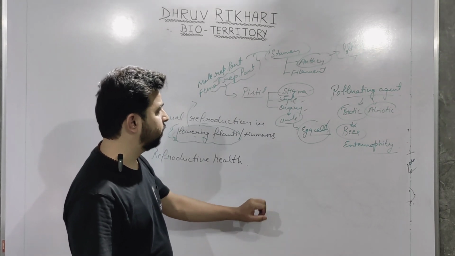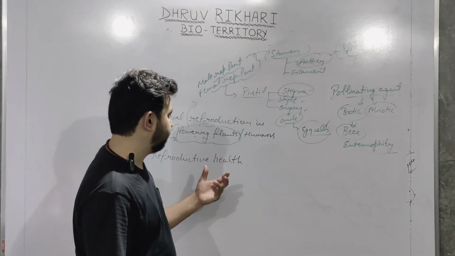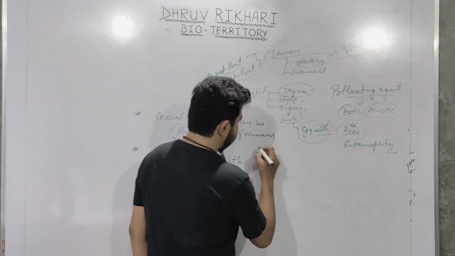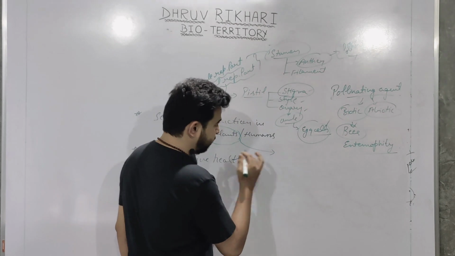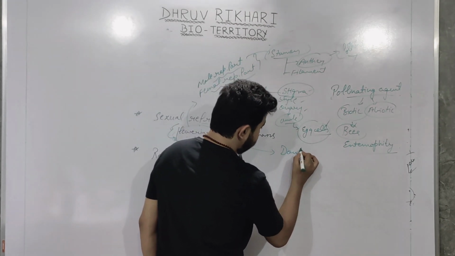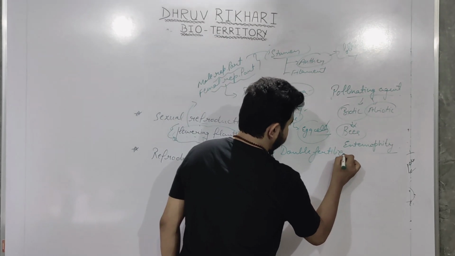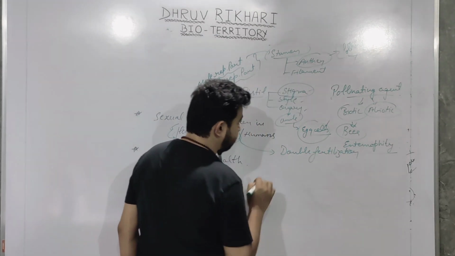So this is about the reproduction taking place in flowering plants. Now, how is the reproduction taking place? The reproduction in flowering plants is known as double fertilization. Now, what is happening in double fertilization?